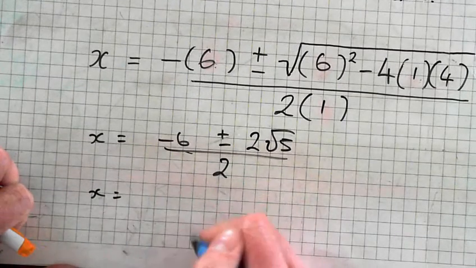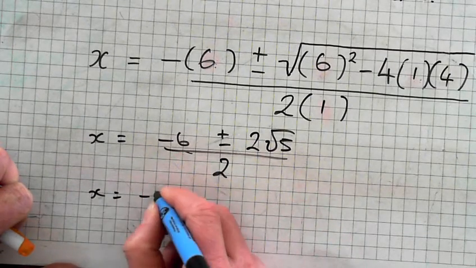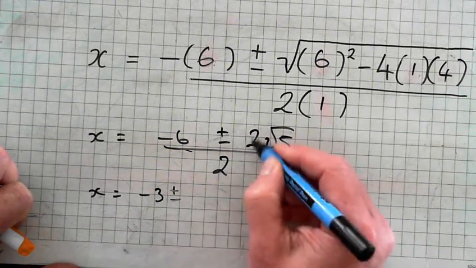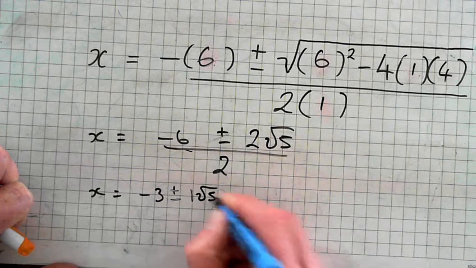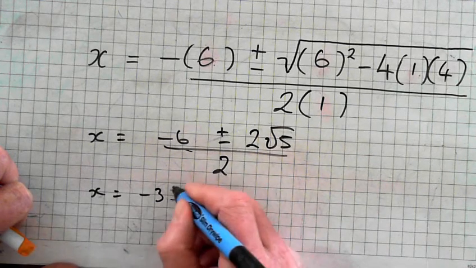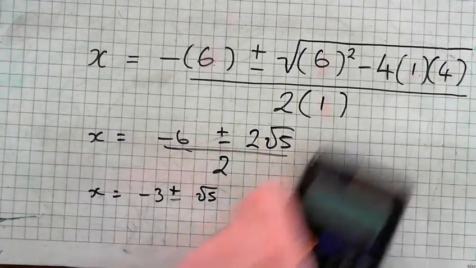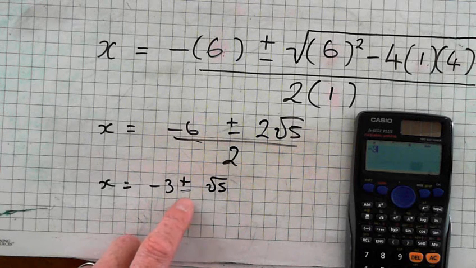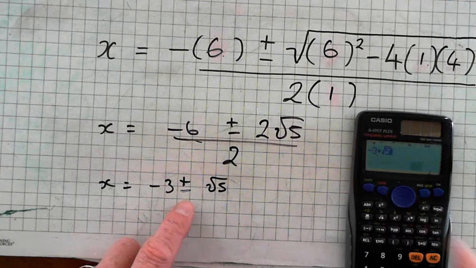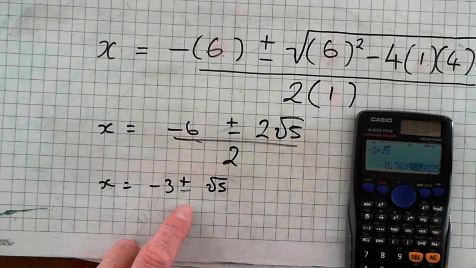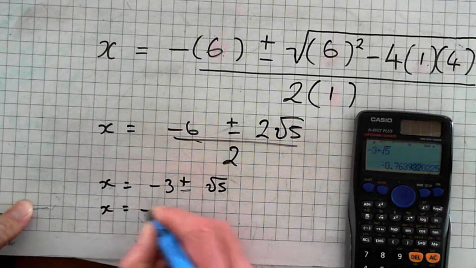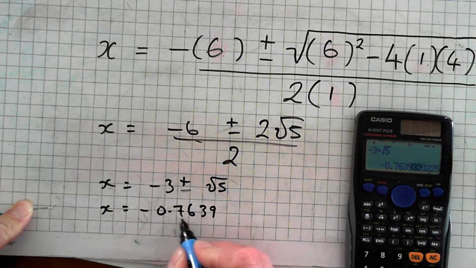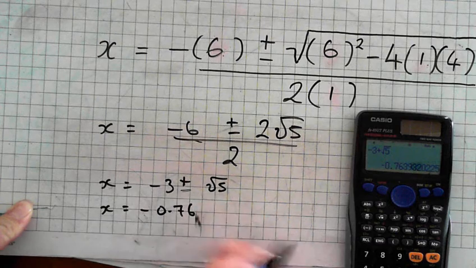Right, so what's minus 6 divided by 2? Use a calculator if you're not too good at it. Minus 3, plus or minus 2 divided by 2 is 1 root 5, so 1 root 5 or just root 5. Right, now with your calculator, you go minus 3 plus square root of 5 equals minus 0.7639. To 2 decimal places, 0.76.